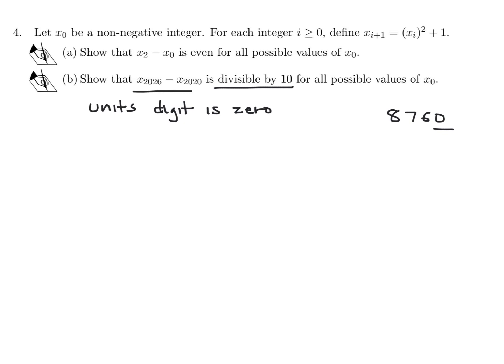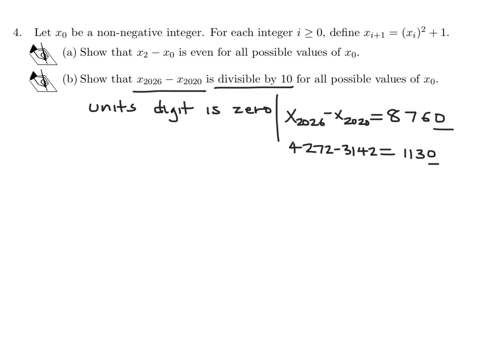Now, this is a subtraction of two things. If two things subtract and have a result of 0 as the units digit, that means that their units digits were equal. For example, if x2026 minus x2020 were, say, 4272 minus 3142, that gives 1130.